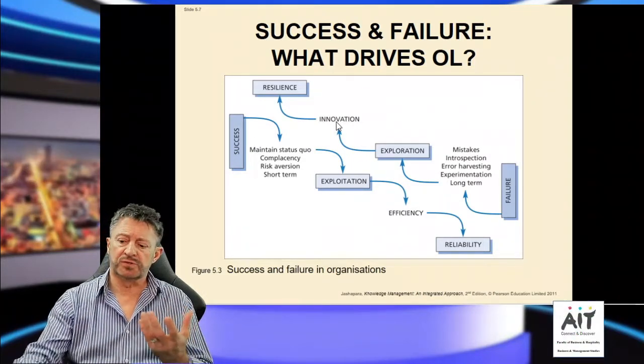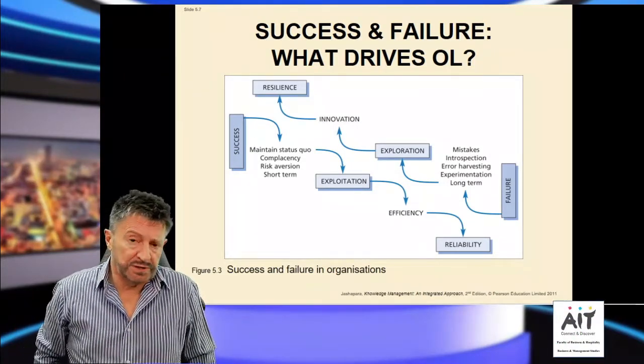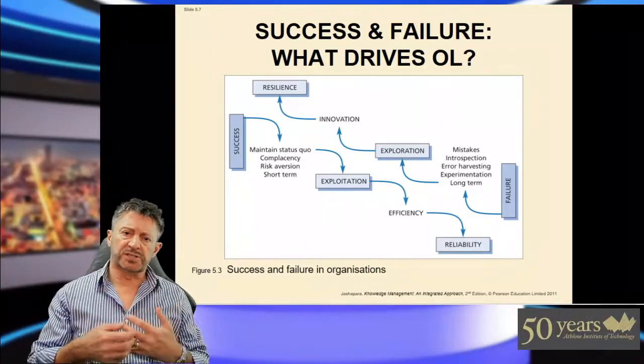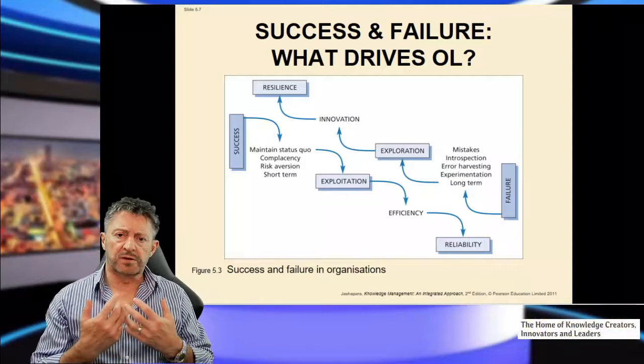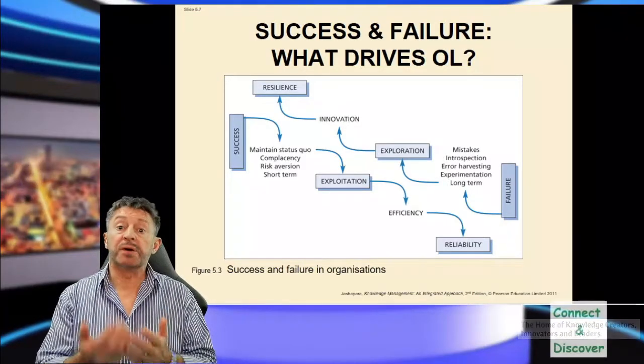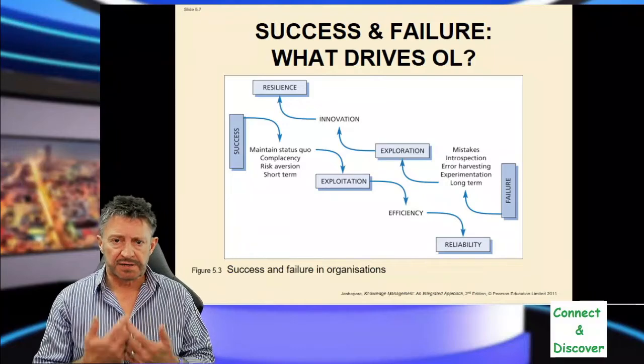And this is what's known as resilience, and that's quite a topical area, in particular in the last number of years, in terms of organizations and individuals, our levels of resilience. How can we bounce back from a failure? And that's important.